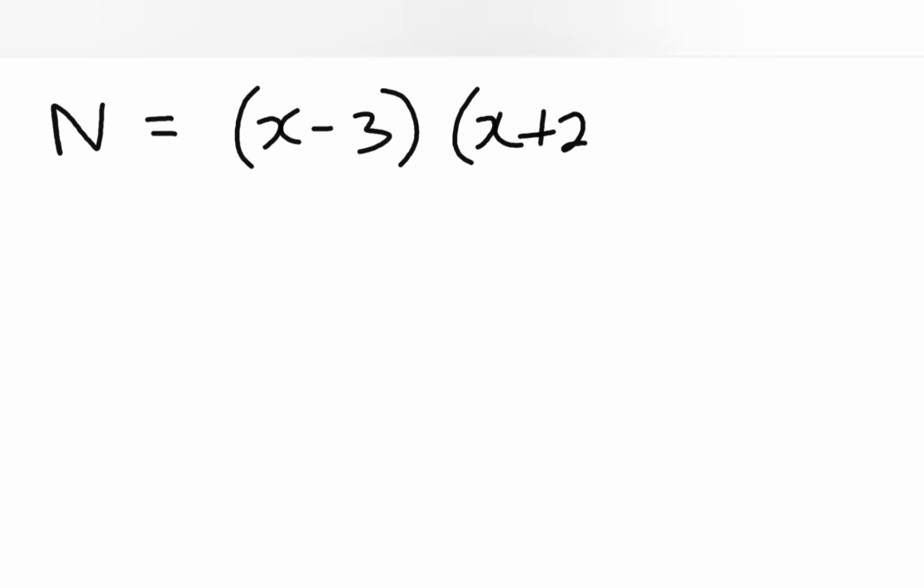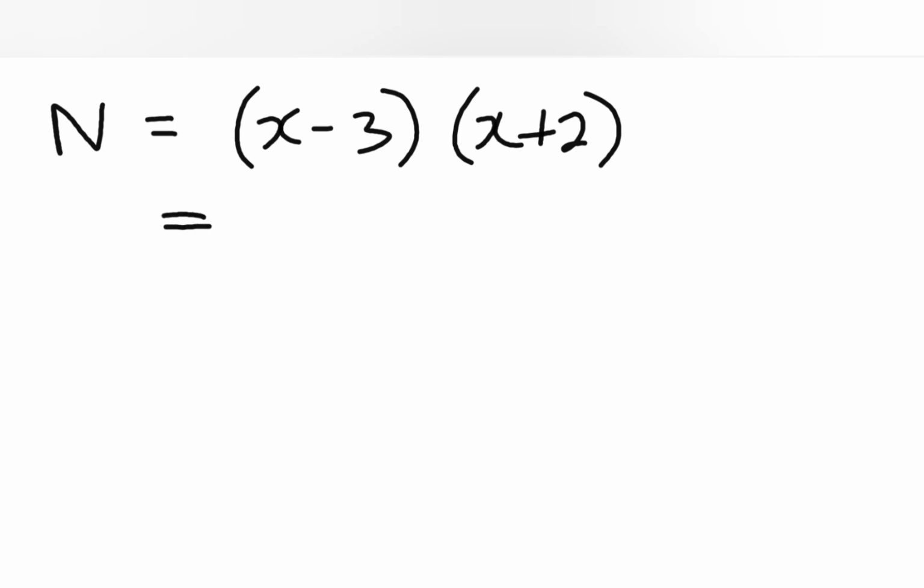So we're going to calculate the area of rectangle N. One length was x minus 3, and the other length was x plus 2. It doesn't matter which one you write first, you will get the same answer, but just be careful of the negative sign whenever you're multiplying.